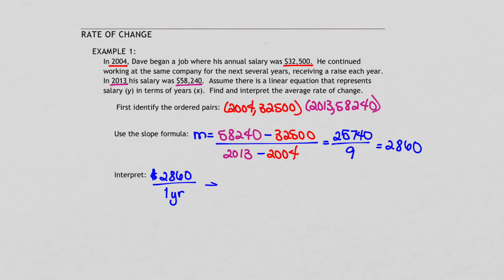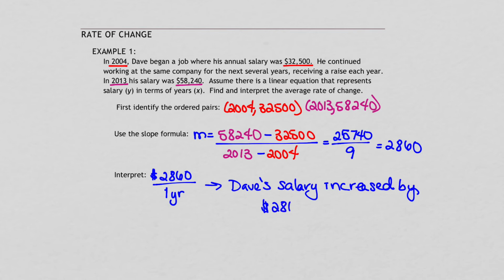So to write this as a sentence would be Dave's salary increased, because it's positive, by $2,860 each year.